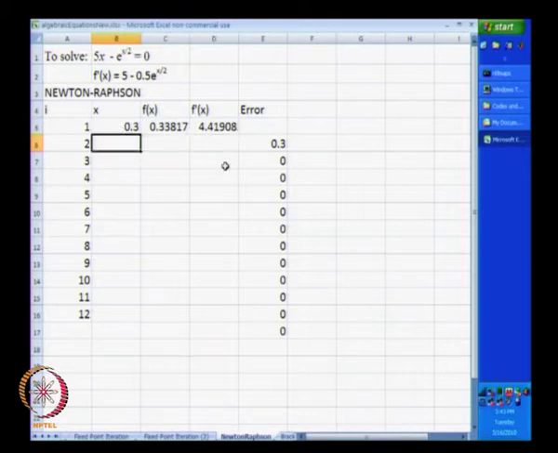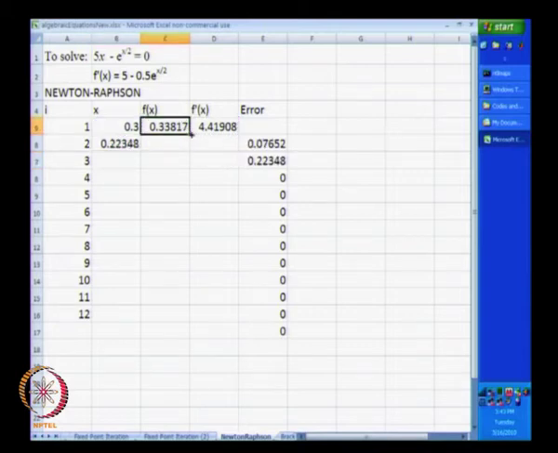As we had written, x I plus 1 is nothing but x I minus f of x I divided by f dash of x I. That is our x I plus 1.